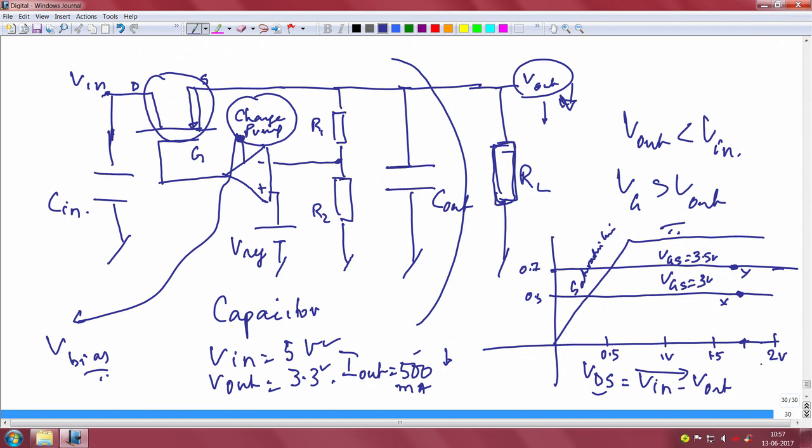Now take another case, alright. You take a case where the input reduces.